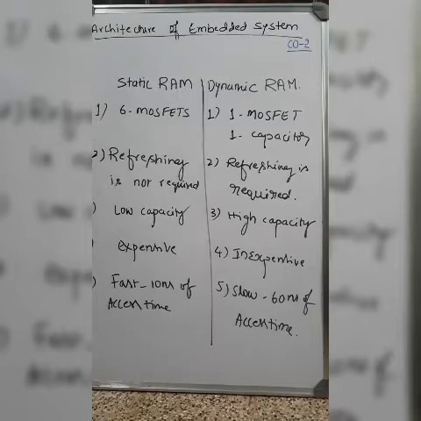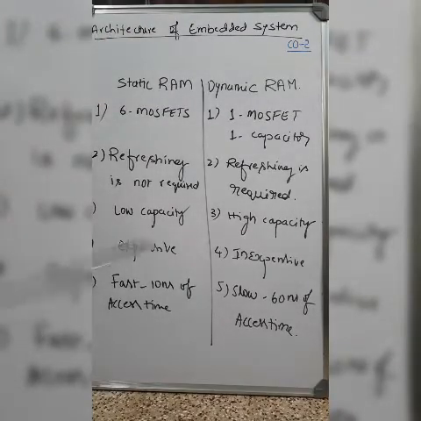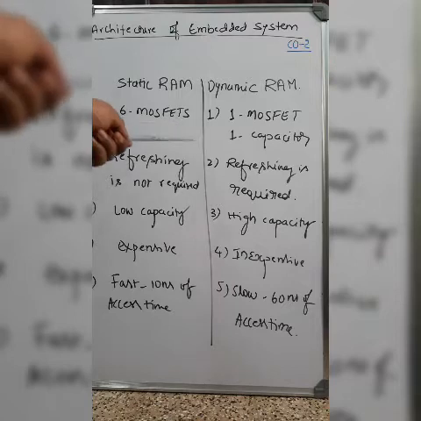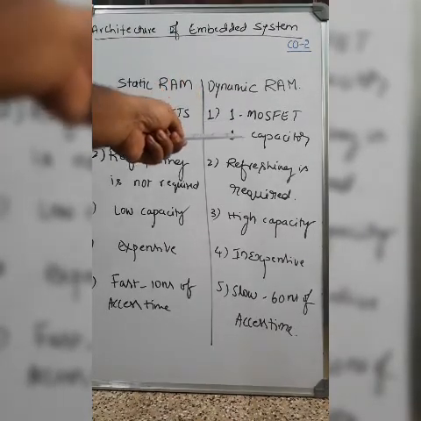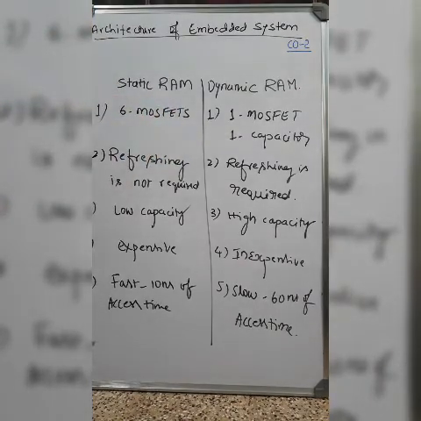Now let's compare static RAM and dynamic RAM. As we have already seen in the structure of static RAM, we had 6 MOSFETs. Whereas in the dynamic RAM, 1 MOSFET acts as a switch and 1 capacitor stores the charge for storing the information. So the requirement of components is more in the static RAM, with 6 transistors.